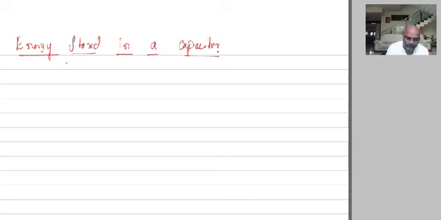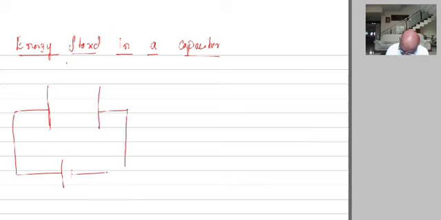Okay. Dear students, consider again the capacitor. This is a capacitor, and that capacitor is connected to a battery. So the capacitance is C, and the battery potential is V. And now you know what happens once you connect the capacitor to a battery.